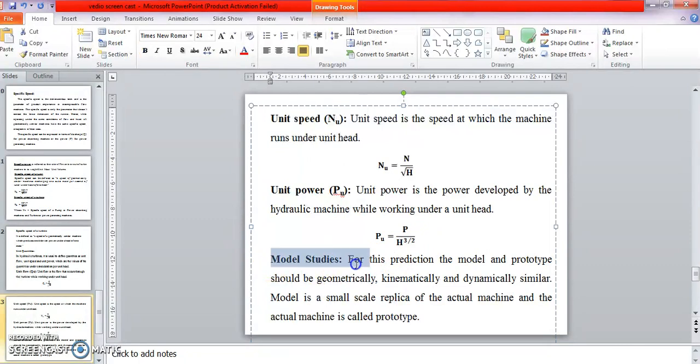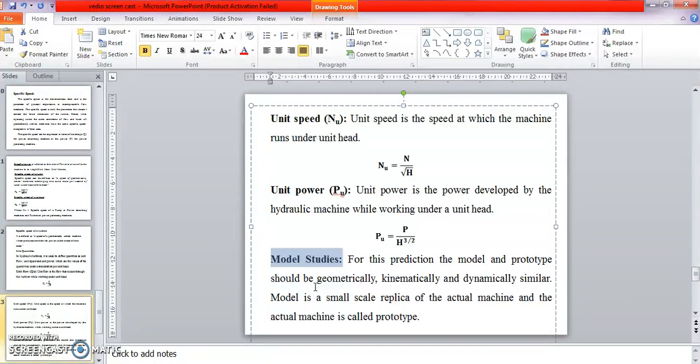So if we are going to consider model studies for the prediction of model and prototype, we have to consider geometrically, kinematically and dynamically similar machines. So model is a small scale replica of the actual machine, and the actual machine or actual structure we call a prototype.